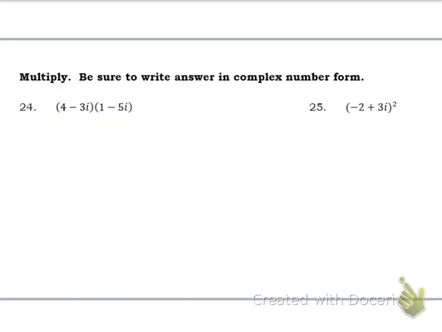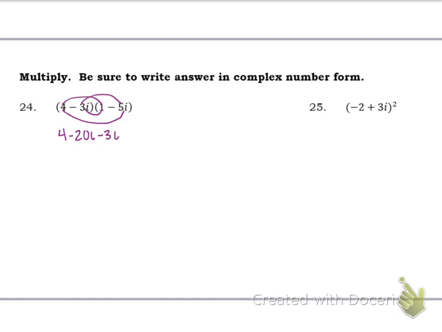Because this one is a multiplication sign, I either box, FOIL, or distribute. Okay, if I FOIL, my first is 4 times 1, so I get 4. Outside, 4 times negative 5i, so I get negative 20i. So you just multiply those numbers, 4 times negative 5. Inside is negative 3i times 1.